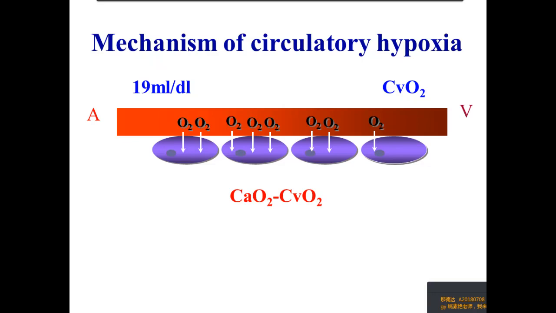Now, congestion or ischemia, blood flow quickly or slowly? Very slowly. So, the same 100 millimeters blood, for example, 100 millimeters blood flow from the artery to vein.